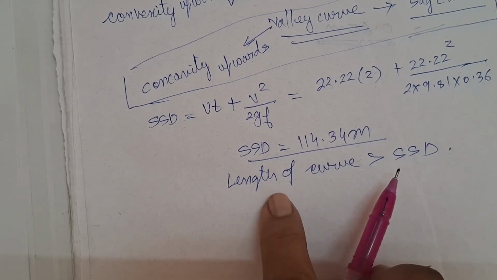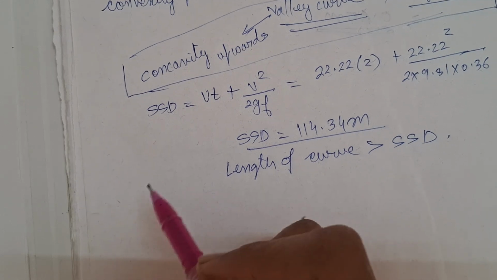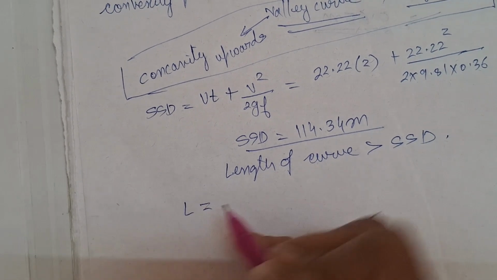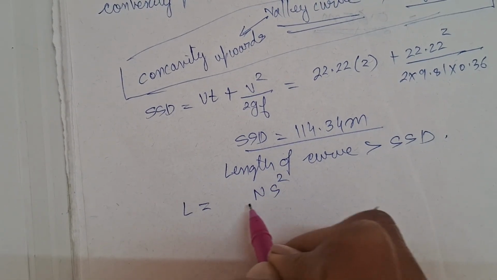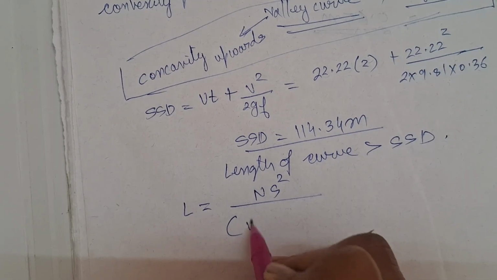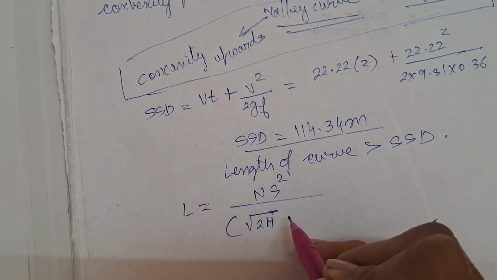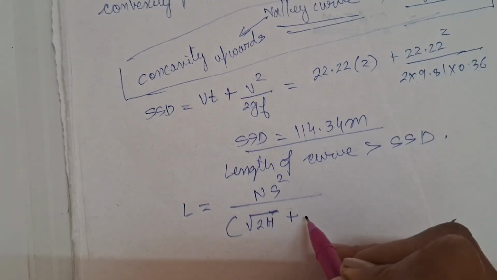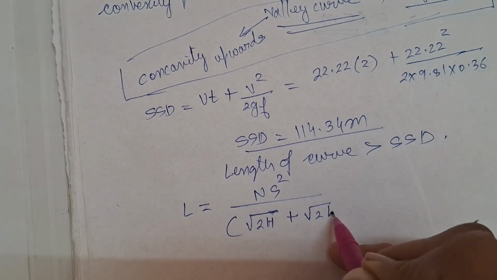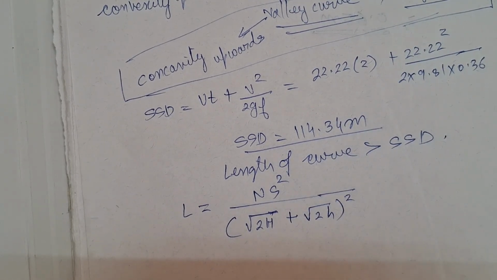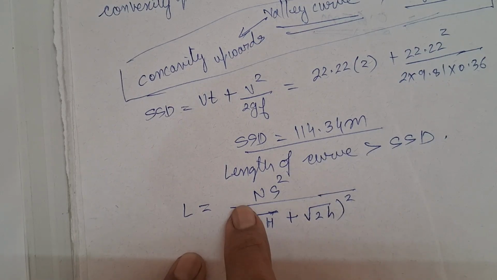In this case, the formula will be L is equal to NS square divided by the square of under root 2H, the capital H, plus under root 2 small h, whole square. Let us see the notation.